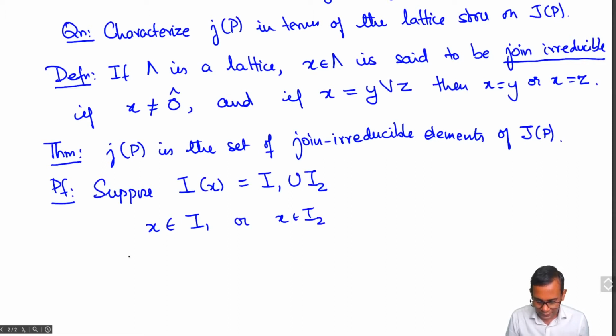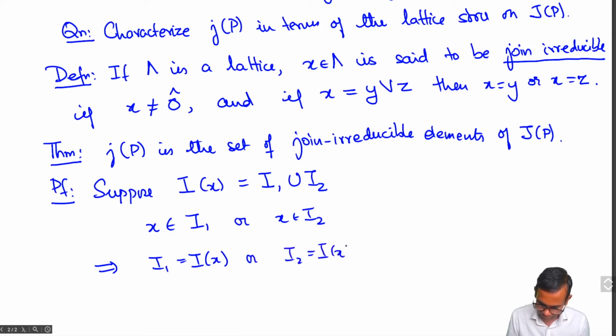But if x lies in I_1, then I_1 is equal to I_x, because it's an ideal containing x that's contained in I_x, so it must be equal to I_x. And if x is in I_2, then I_2 is equal to I_x. So this means that I_x is in fact, well, it's clearly non-empty because it contains x, so it is join irreducible.